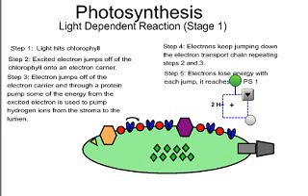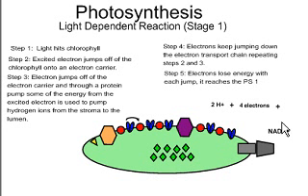The 2 hydrogen ions combine with 4 electrons. This makes 2 hydrogen atoms. They combine with a funky little molecule, I'll put it down low, called NADP+.